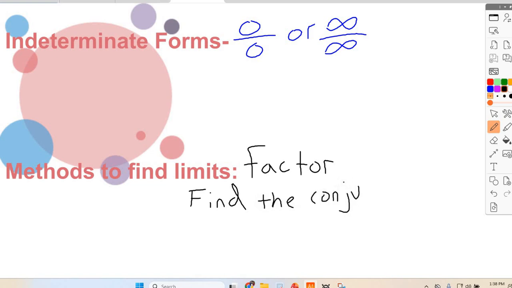Remember that we can find and multiply by the conjugate. Yeah, our stuff with square roots. And then lastly, the other one was our special trig limits.